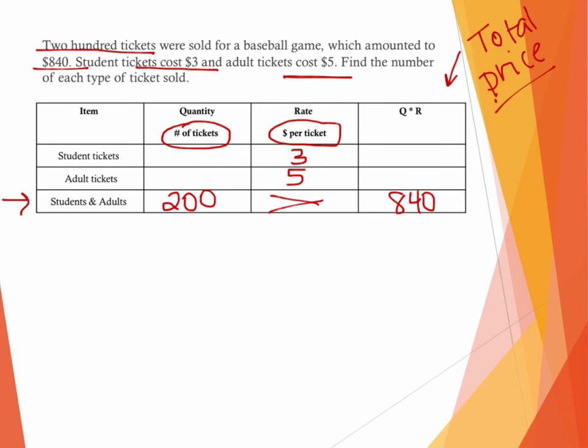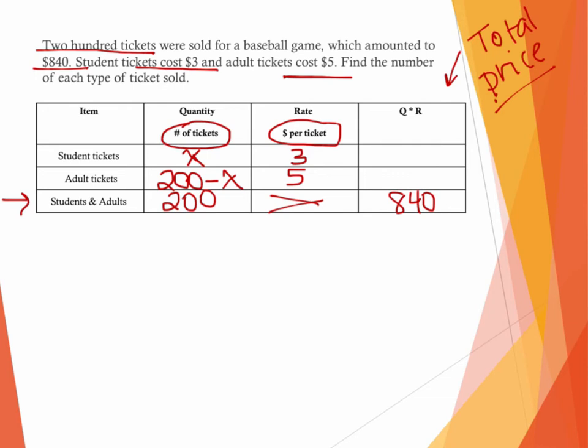We now need to put in something for the quantity for my student tickets and my adult tickets. I have no idea how many student tickets I have, so I'm going to call this X. My adult tickets: if I sold 200 total tickets and X of those tickets go to the students, then the adults get 200 minus X. Because if you add the student tickets with the adult tickets, you should have 200 total tickets.